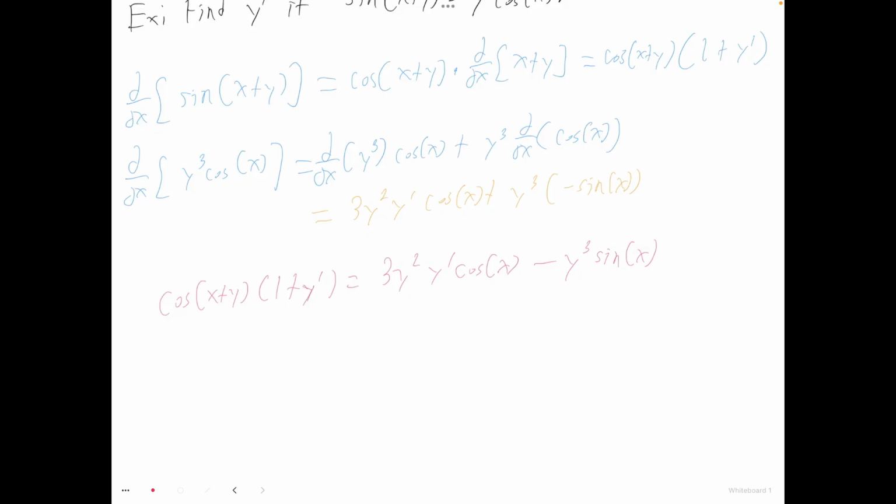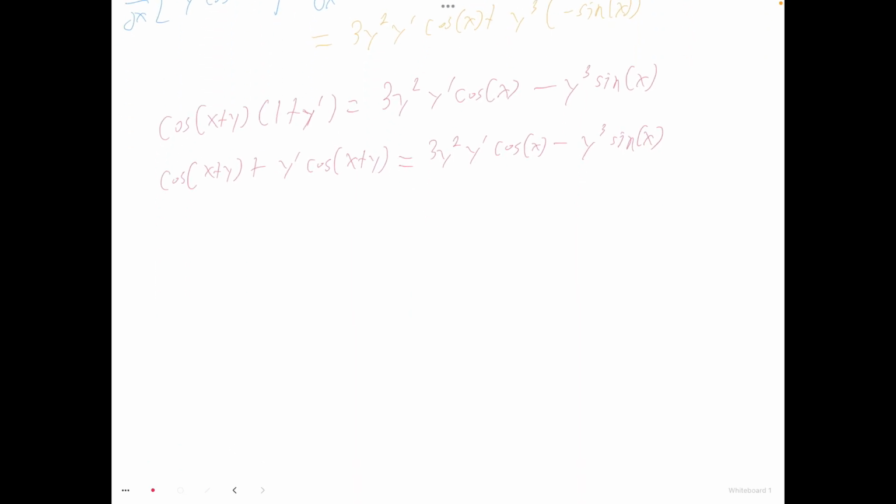So we're going to first multiply out the left-hand side to get cosine of (x plus y) plus y prime cosine of (x plus y). And this equals 3y squared y prime cosine of x minus y cubed sine of x. So now we want to get all of the y prime terms on one side. So we're going to add y cubed sine of x to both sides, and subtract off our y prime cosine of (x plus y) from both sides.